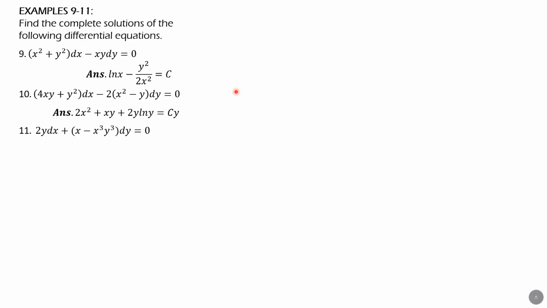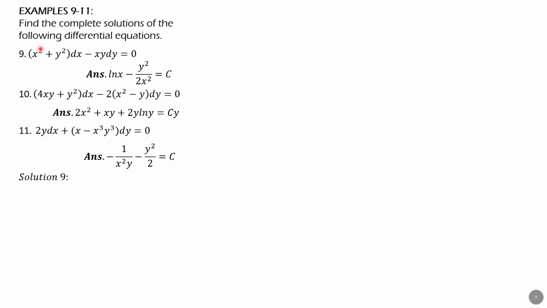So for problem 1, this is m and that is n. For the solution, m is x squared plus y squared and n is negative x y. So from m, function of x y, dx plus n, function of x y, dy equals 0.